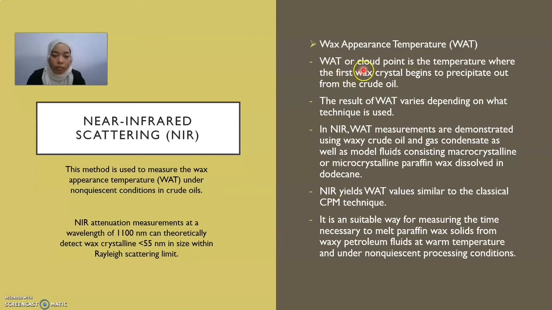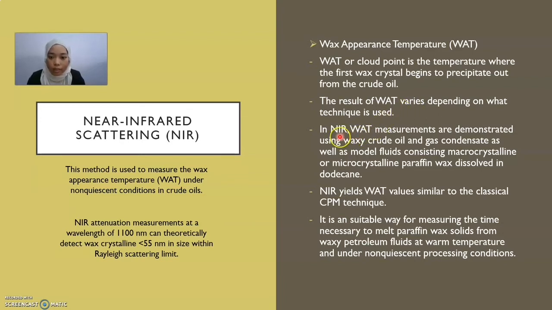WAT, or cloud point, is the temperature where the first wax crystal begins to precipitate out from the crude oil. The result of WAT varies depending on what technique is used.